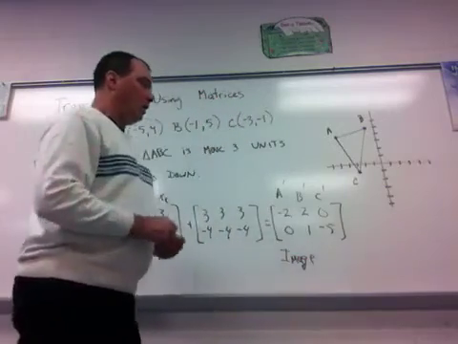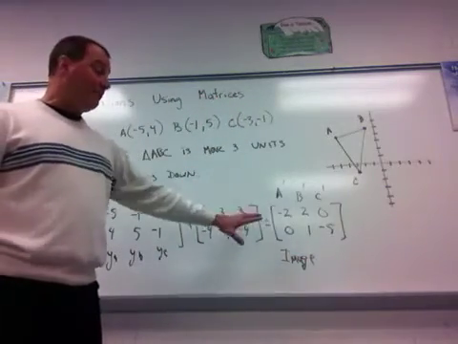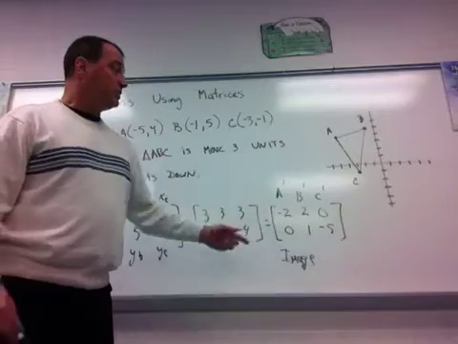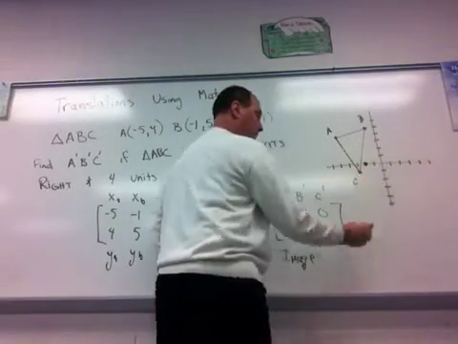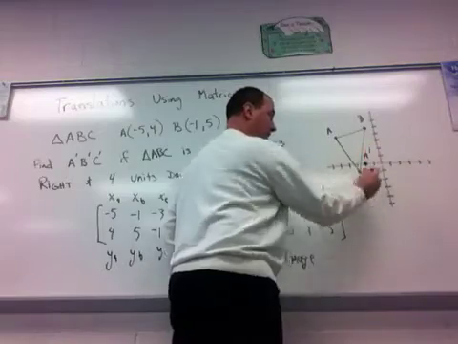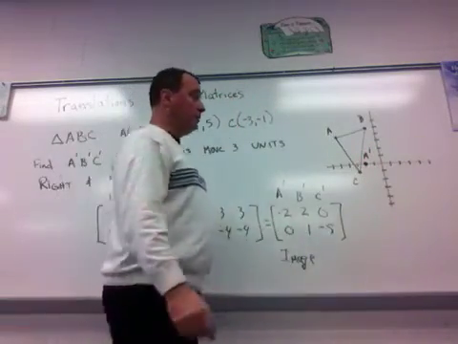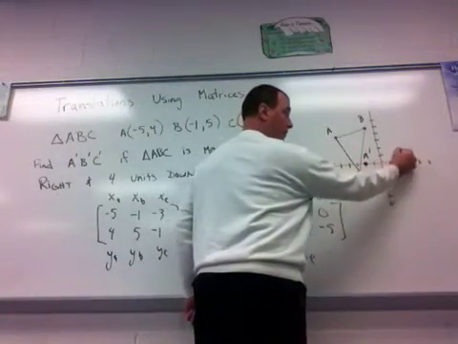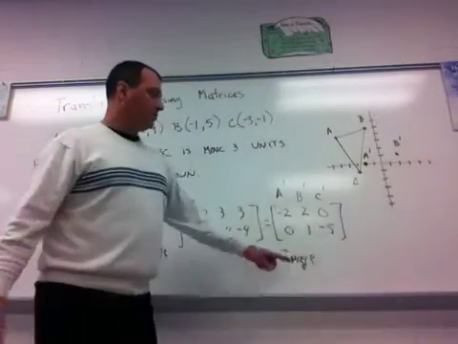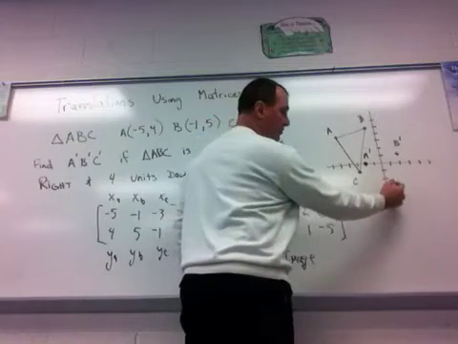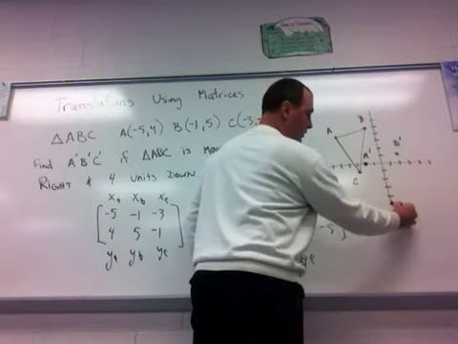Okay. Now, if I would graph these, -2, 0 would be right here, and we would label that A prime. 2, 1 would be over here, 2 over, up there 1. This is where B prime would be. And C prime would be at 0, -5, which would be right down here, C prime.